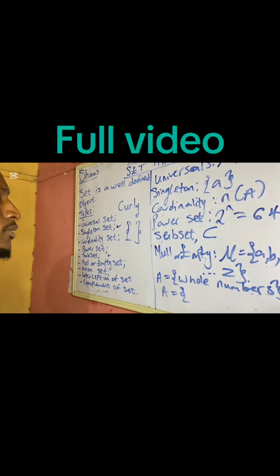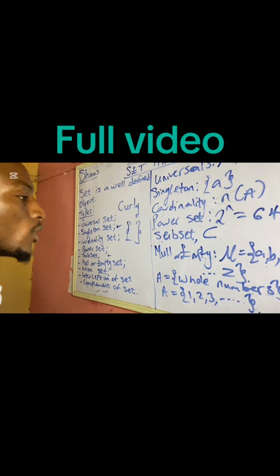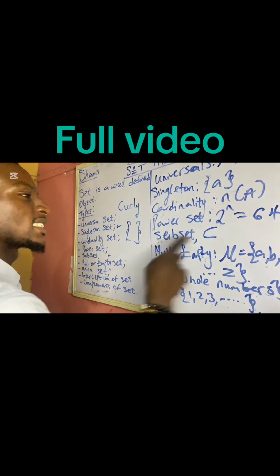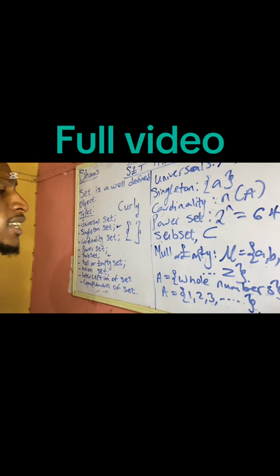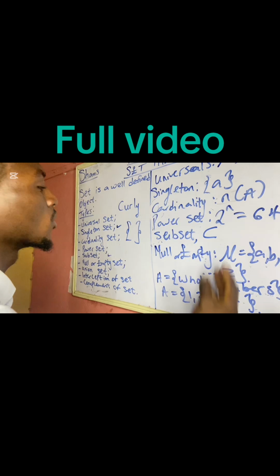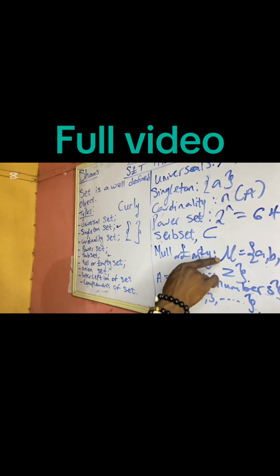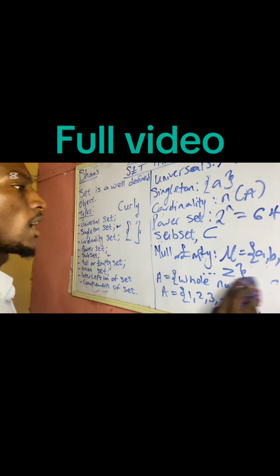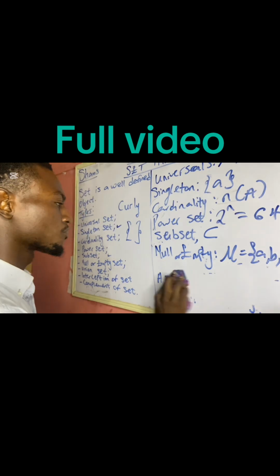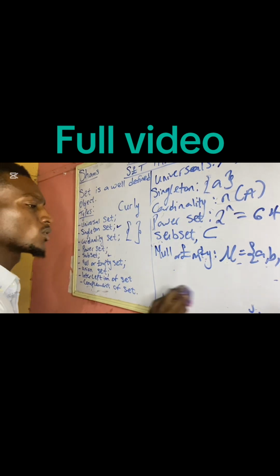That's very simple. The elements of A are 1, 3, 5, and so on and so forth. So if they now ask us what is set A intersect the universal set, that's empty, because there's nothing common between the universal set and set A.